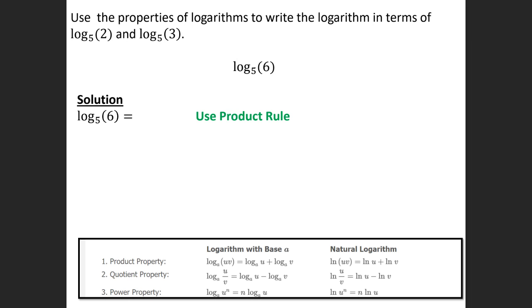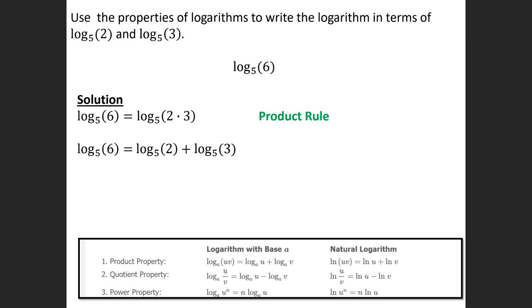So for the log base 5 of 6, I can use my product rule and say that 6 is 2 times 3. By using my product rule, I can expand this to two different logs: the log base 5 of 2 plus the log base 5 of 3.